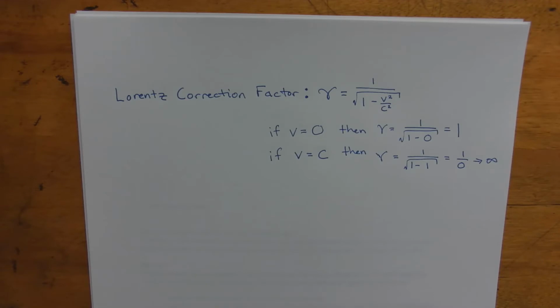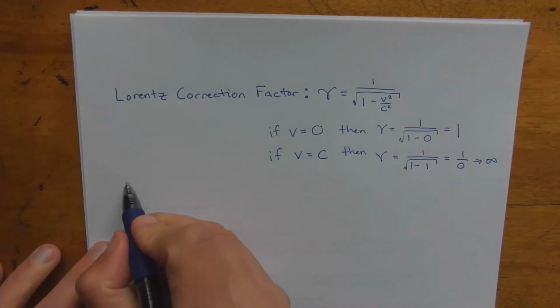Okay, so now in problem 42, you're going to be using the classical definition for momentum and the classical definition for kinetic energy. But we have different ways of comparing momentum and kinetic energy in this course.